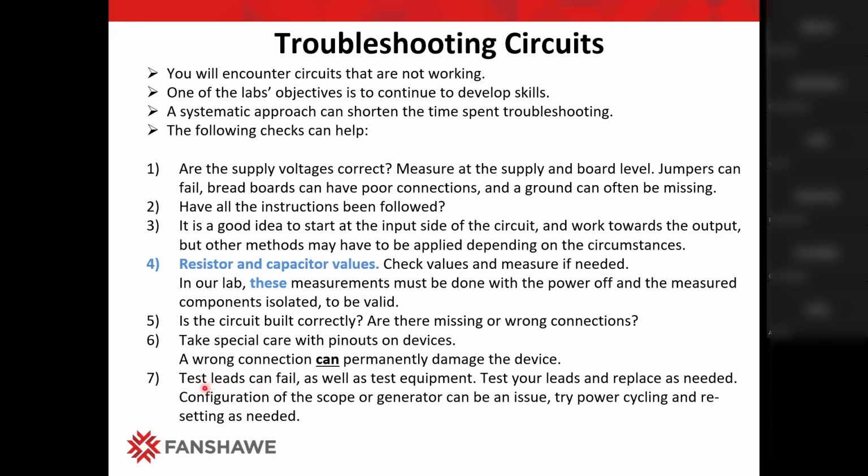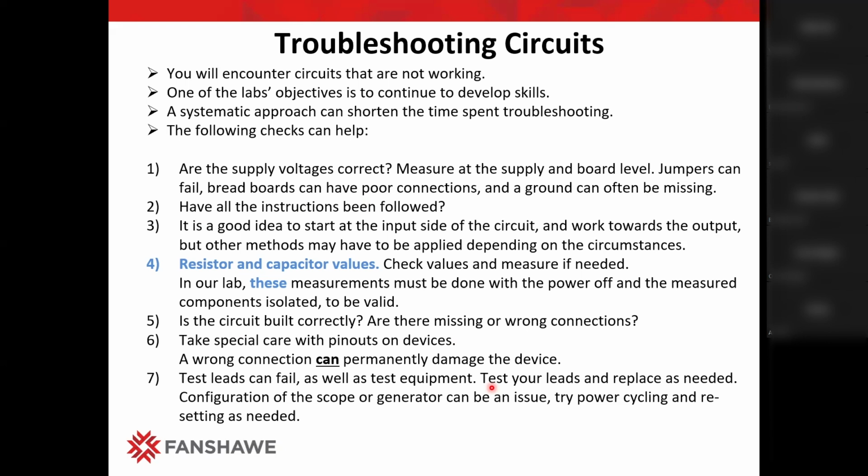Test leads can fail, as well as the test equipment. Yes, we had a meter in the electrical lab a couple years ago. We measured the voltage in the receptacle and it showed 60 volts. How can that be? There should be 120 volts, and this is half. So I went to the technologist, Mr. Deporter, and asked what's going on.